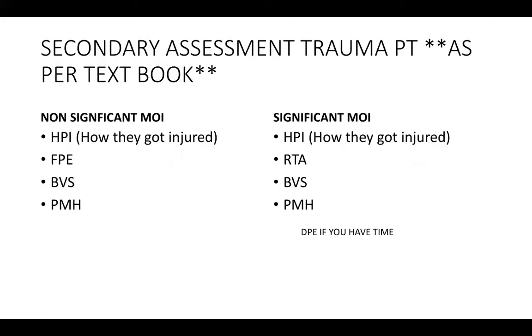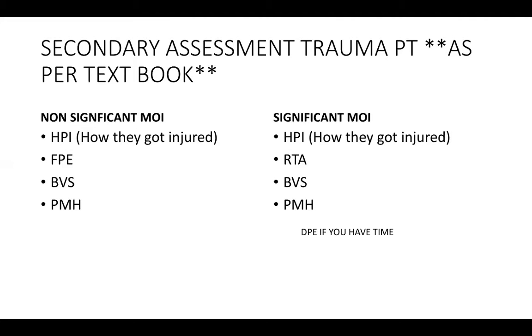Okay, and then you're going to end with your past medical history, if you're able to get it. Why can I not ask my past medical history along with my HPI? Because the way that the book explained it, since this is a trauma patient, you want to spend your time on how they got injured, and everything else, like the past medical history, won't really affect how you're treating your trauma patient.